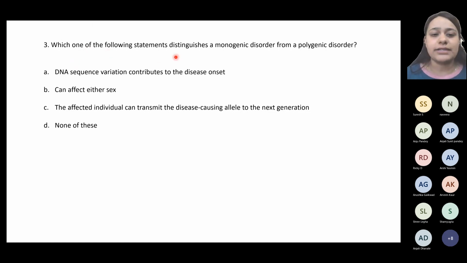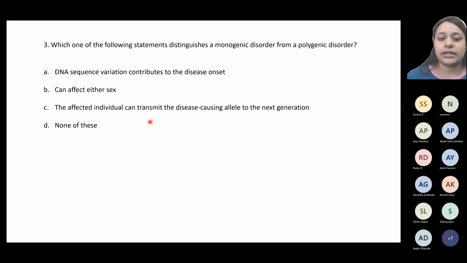Which one of the following statements distinguishes a monogenic disorder from a polygenic disorder? So again, this is a very generic question, right? Let us see its options. A, DNA sequence variation contributes to the disease onset. B, can affect either sex.